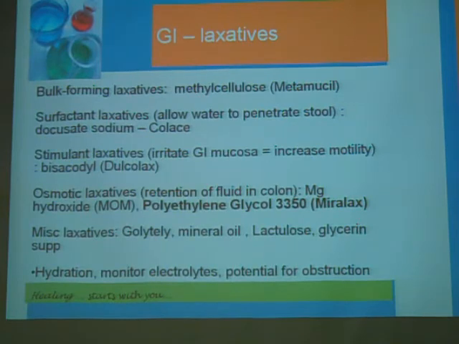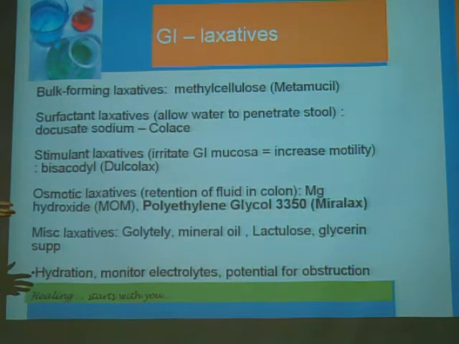The main players we have are MOM, milk of magnesia, which works fairly well, and then Miralax, with the big long word, polyethylene glycol. It's almost, not quite, similar to antifreeze or things in the car. But they work again by making the GI lumen more concentrated than the surrounding tissue, so it draws water into the GI lumen.